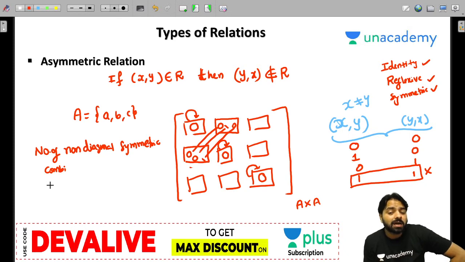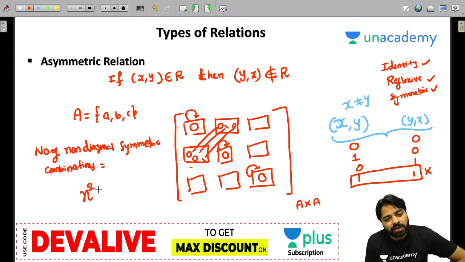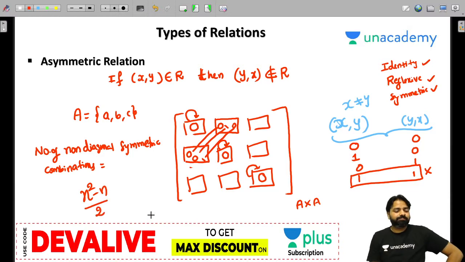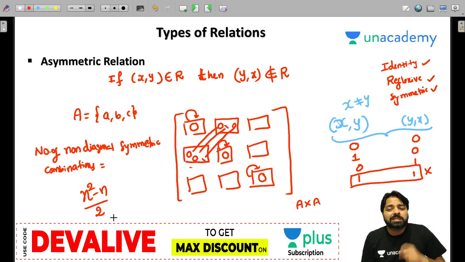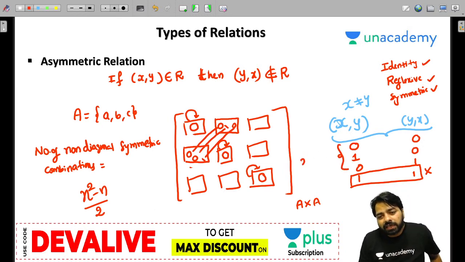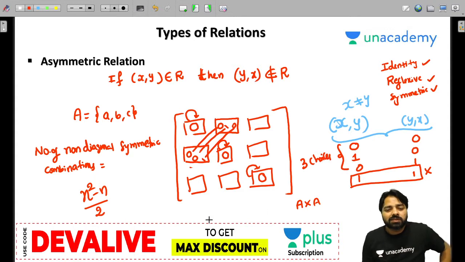Non-diagonal elements are n square minus n, but symmetric combinations are (n square minus n) by 2. That's 3, exactly 3 combinations here. Each of these non-diagonal symmetric combinations has 3 choices.